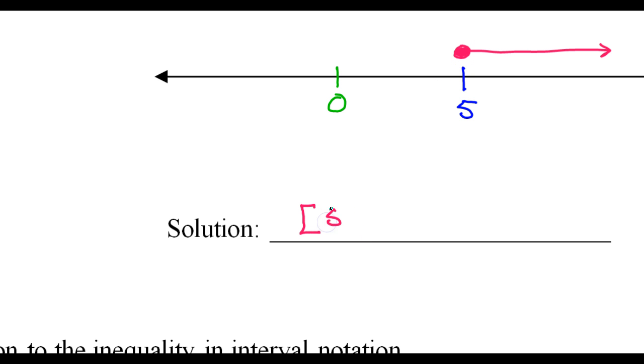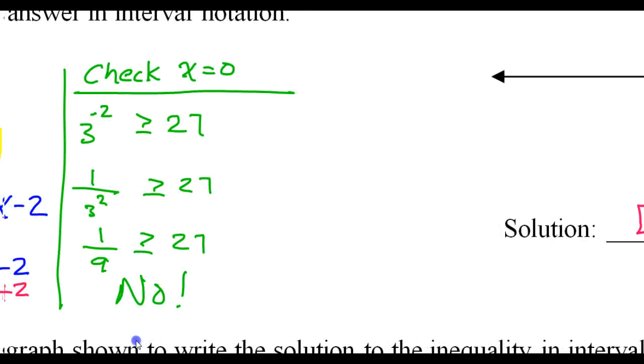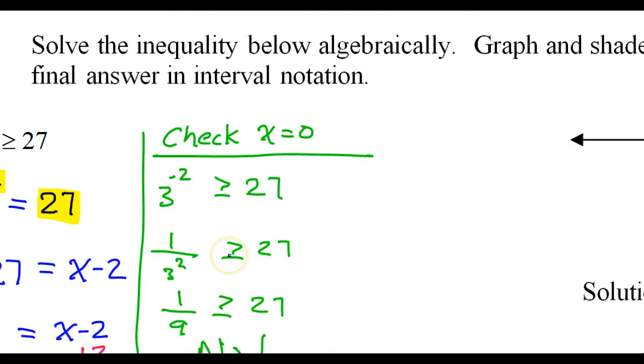And then we'll do from 5 to infinity. Infinity always gets the round parenthesis. And that's it. That's the solution to this inequality. Alright, so that was number 9.